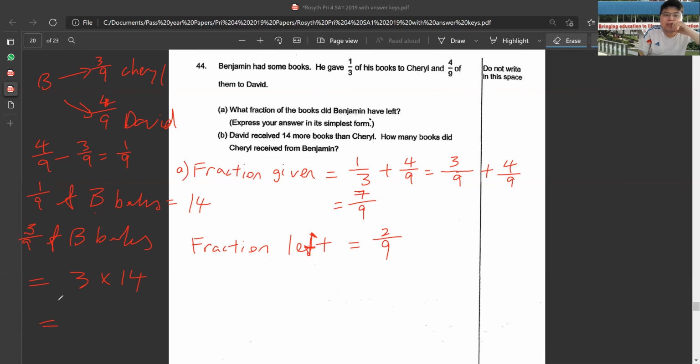You understand why? Because 1 unit is 14, 3 units will be 3 times 14. 3 times 14 equals 42.